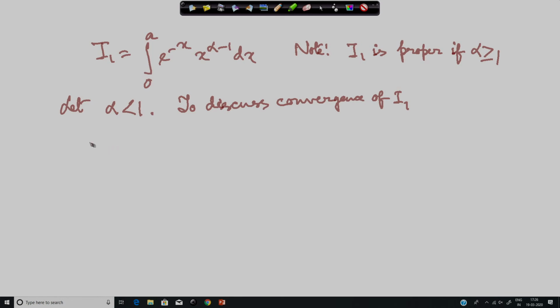So, now let f x be e to the power minus x, x to the power alpha minus 1. Then I1 is integral 0 to a f x dx. So, let us apply the limit test.